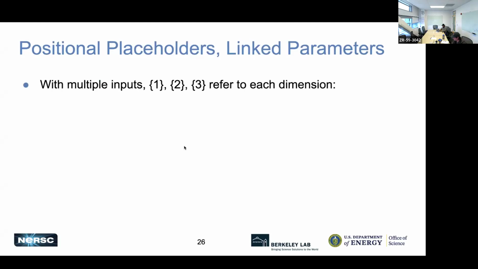Positional placeholders. Here's an example of adding some content between the brackets to get more specific behavior. You can use a number to refer to those dimensions if you want to access them specifically. So if you've ever used a language that had a $1 or a $2 notation for getting at the arguments that are coming in, this is very similar to that.